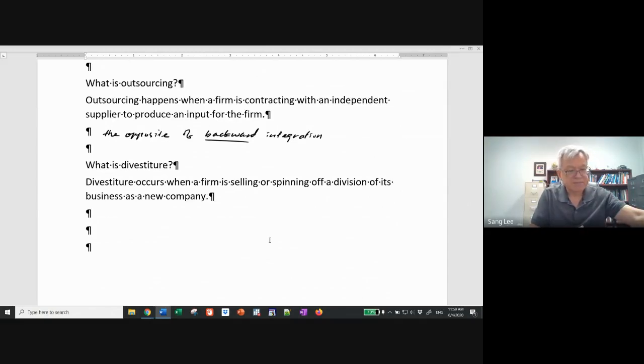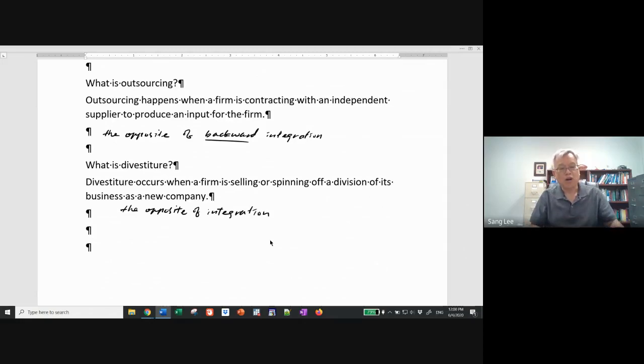So divestiture is, instead of expanding your supply chain, you sell or spin off one of the divisions and so make your supply chain a little shorter. That is why divestiture is the opposite of integration.